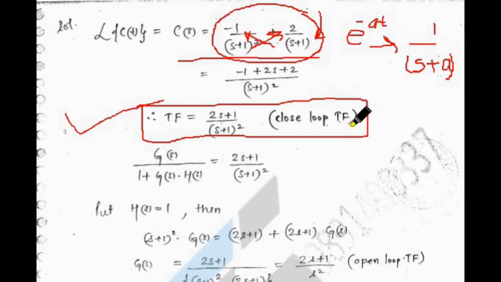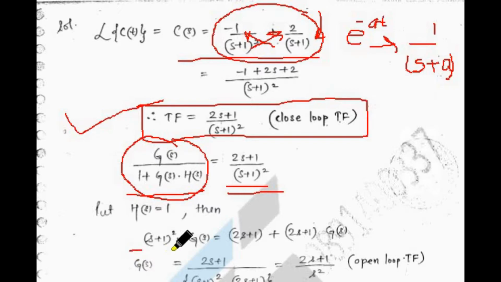So in the last class I described the closed loop system formula, which is nothing but g of s divided by 1 plus g of s h of s. I am equating this formula with this total term, right? Now I am cross multiplying these two: s plus 1 whole square is multiplied with g of s, and 1 plus g of s h of s is multiplied with the numerator, 2s plus 1.